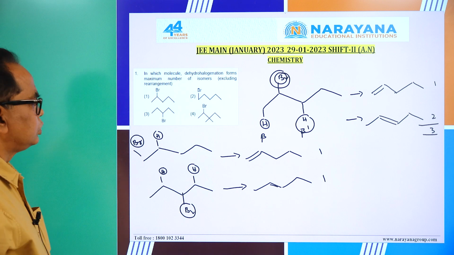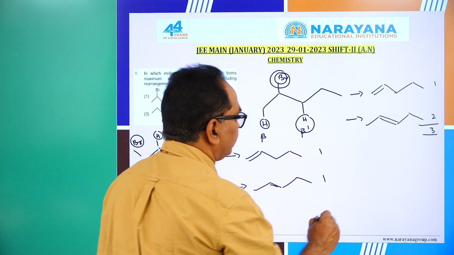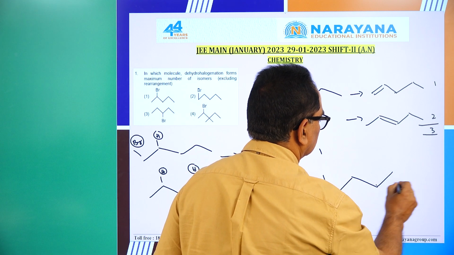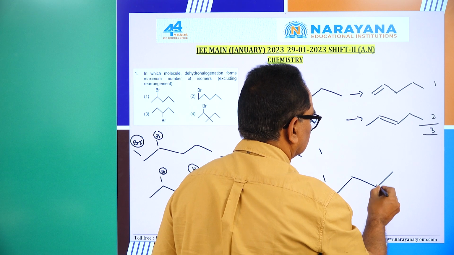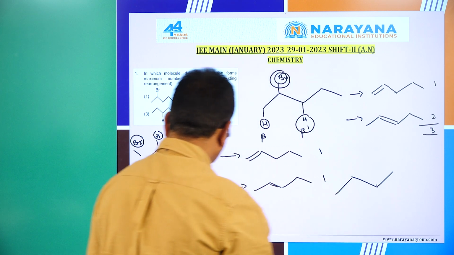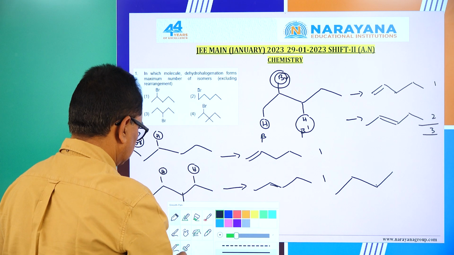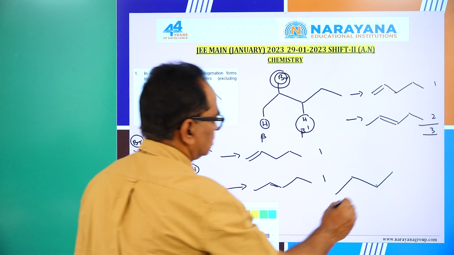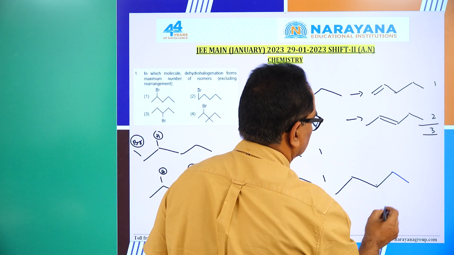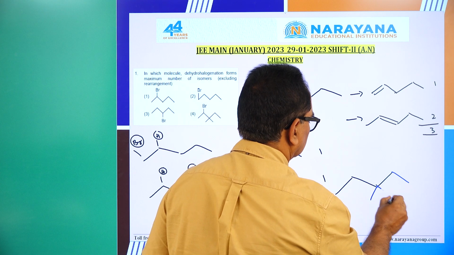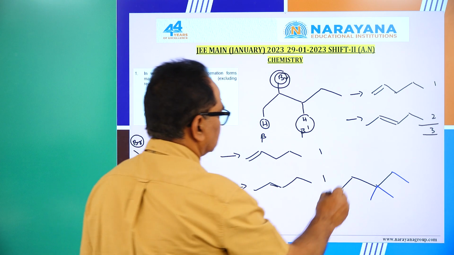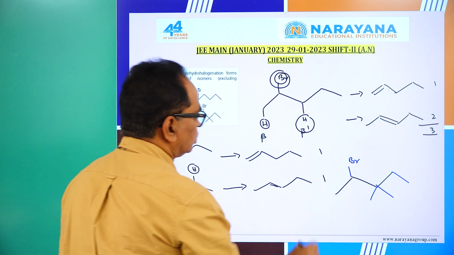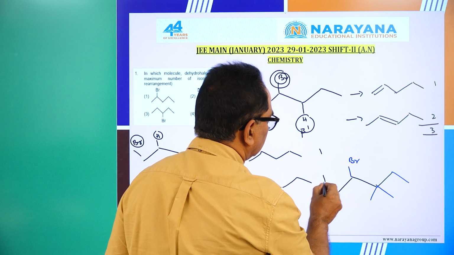In the fourth case also we have only one beta hydrogen, so this is the only beta hydrogen available.